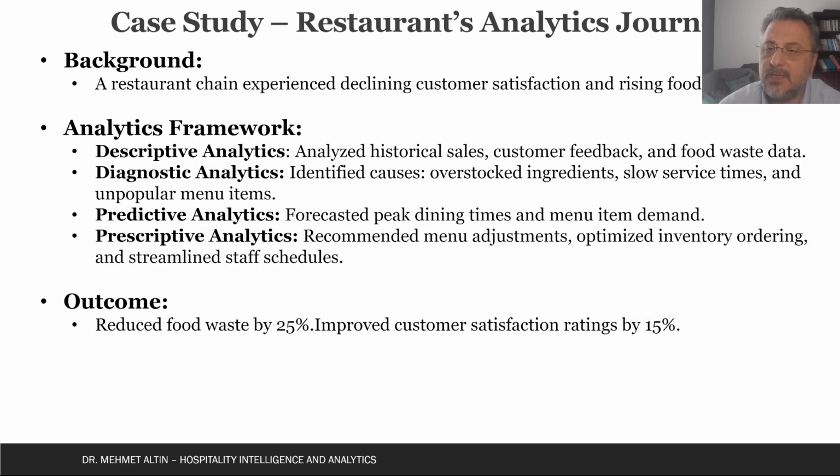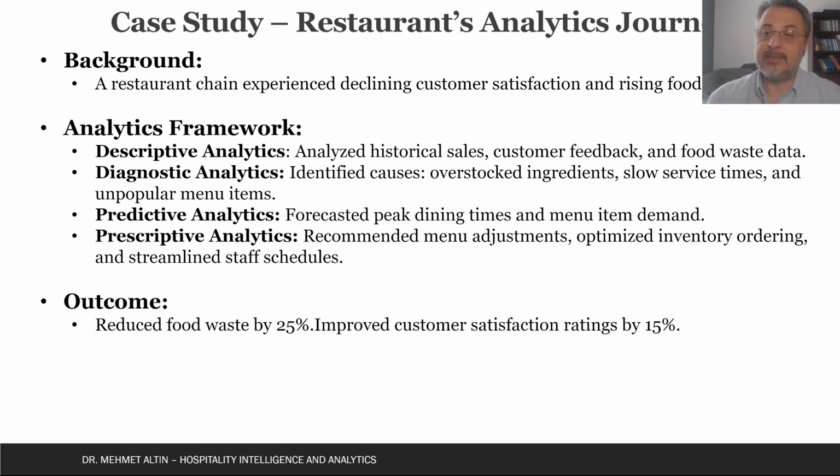Now, just to give you an idea, let's look at a case study of a restaurant chain facing challenges with declining customer satisfaction and rising food waste cost, right? So there are issues with customer satisfaction and food waste. To address these issues, the restaurant could apply the four dimensions of analytics.